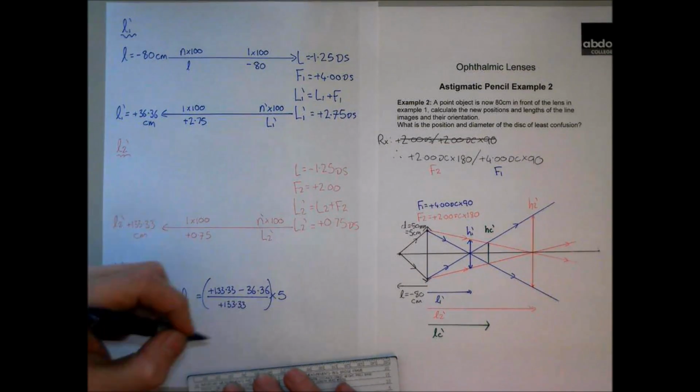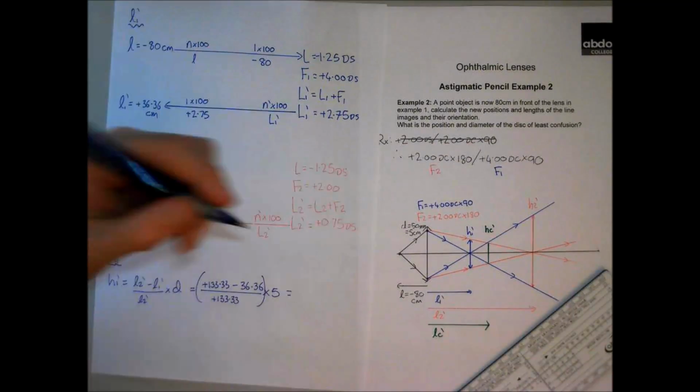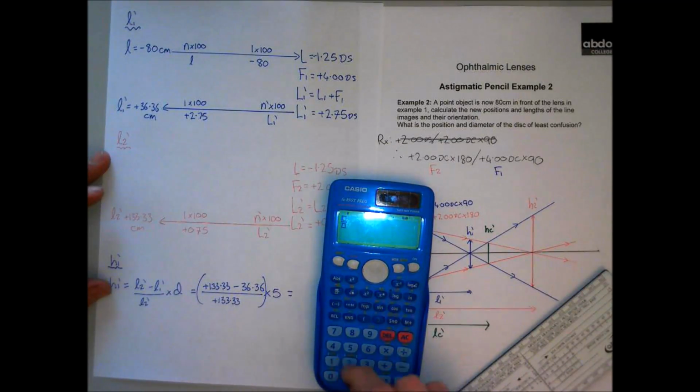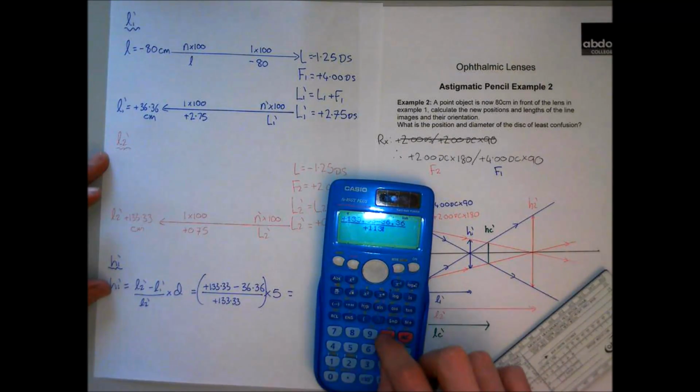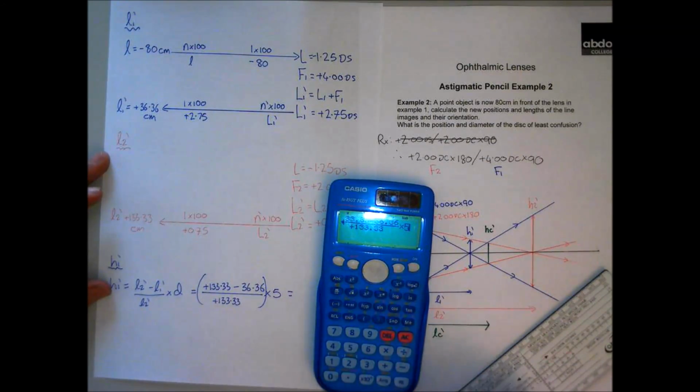So all of that happens, and we times it by 5. So let's grab a calculator across. Plus 133.33 minus 36.36, all divided by my plus 133.33 times by 5.